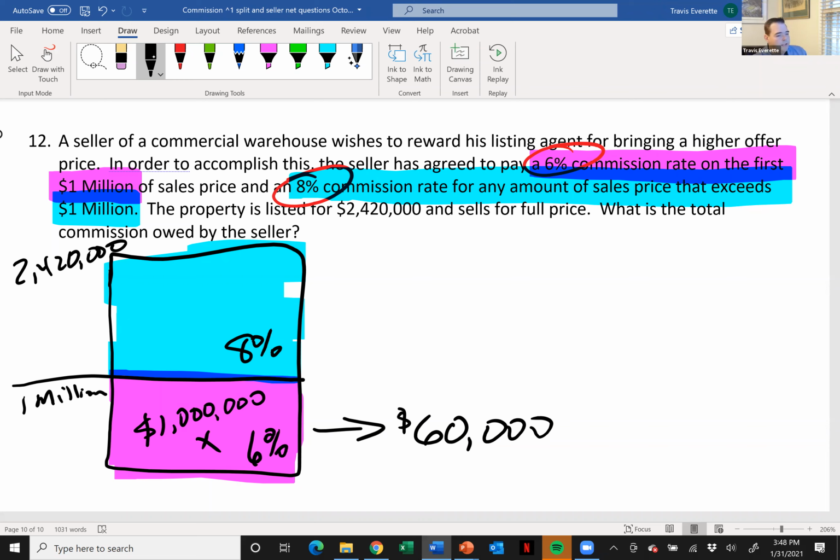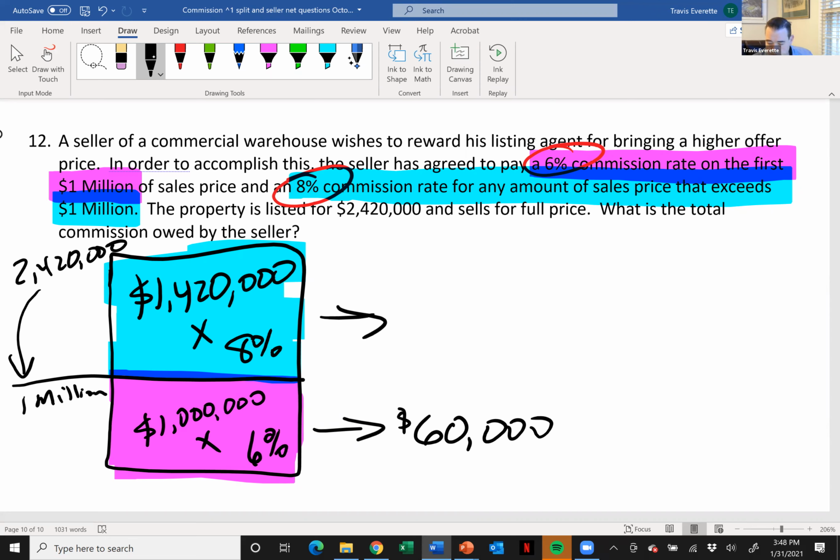And then the blue box says for everything above $1 million, but it sells for $2,420,000. But it's not $2,420,000 because we didn't start at zero. We started at $1 million for everything above $1 million up to the sales price of $2,420,000. So it's actually this minus this. So the amount up here is $1,420,000 times 8%.